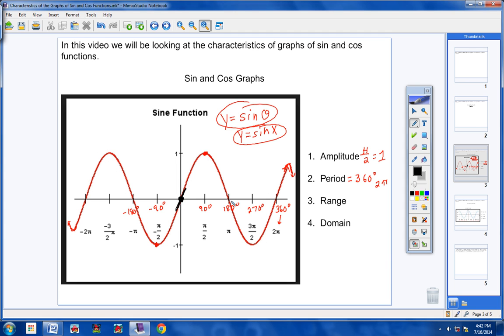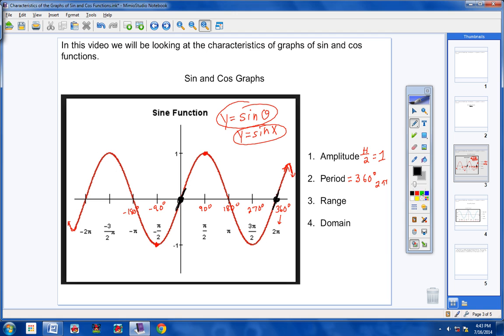Now, where do you see that again? Now, don't say right here. This is through the x-axis on the way down. That's not the same thing, okay? But look at this point right here. This is through the x-axis on the way up. And guess what? What's the distance from this point to this point? Yep, you guessed it, 360 degrees.